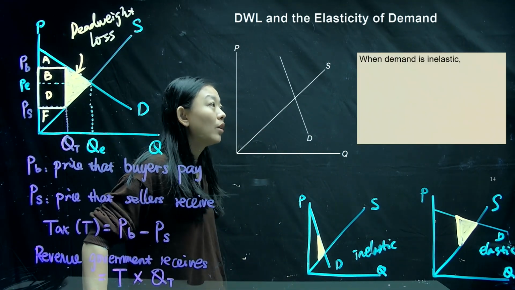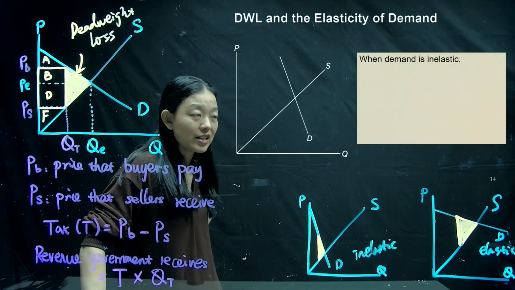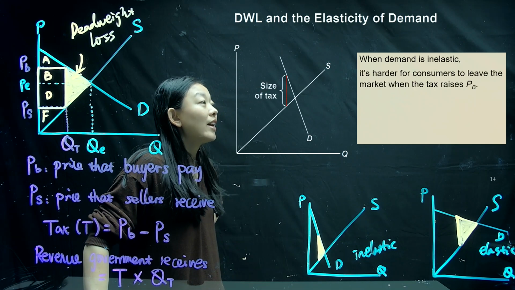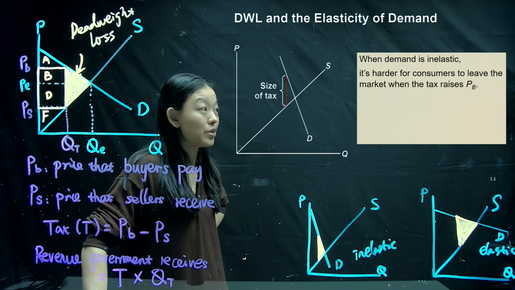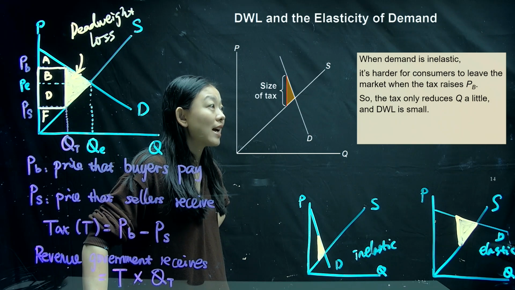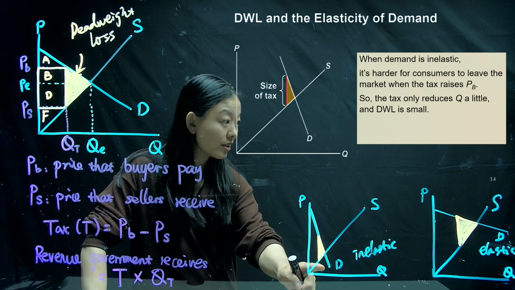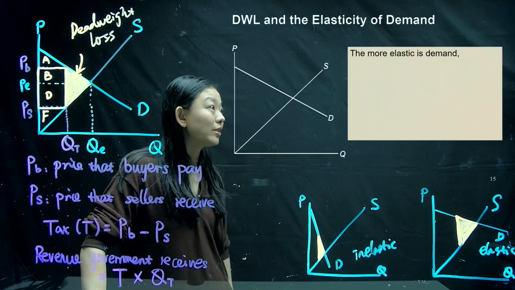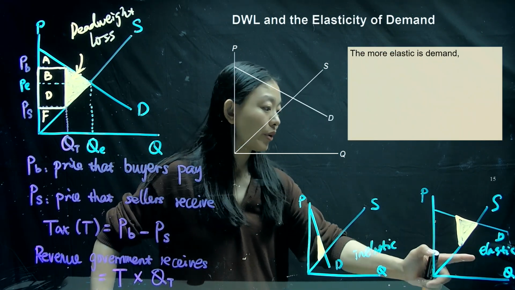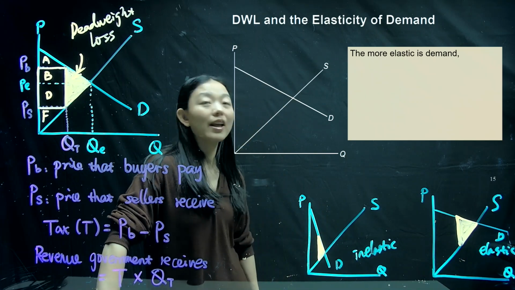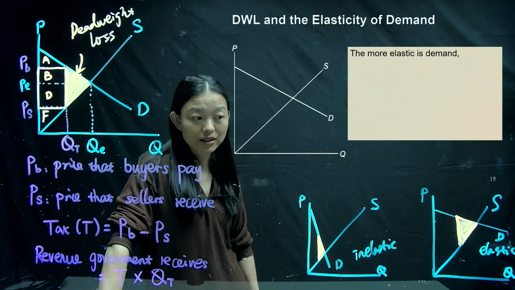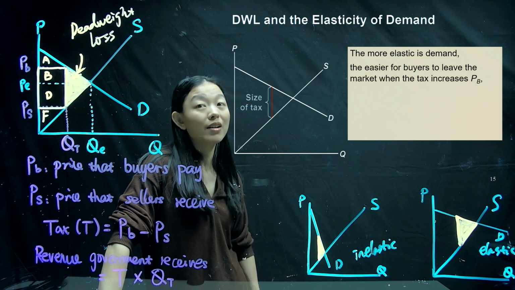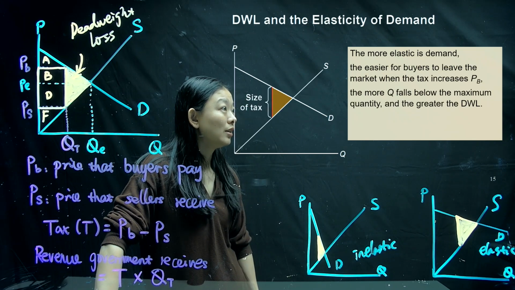So we can say when demand is inelastic, it is hard for consumers to leave the market when the tax rate is imposed. All right. So the deadweight loss is small. However, when the supply becomes really elastic, then even if the government imposes the tax, consumers can switch to buy other products, right? So it will result in a larger deadweight loss.